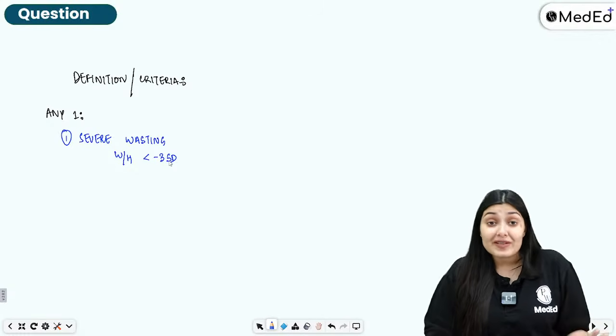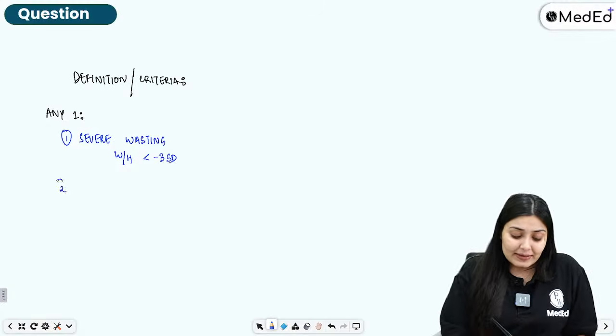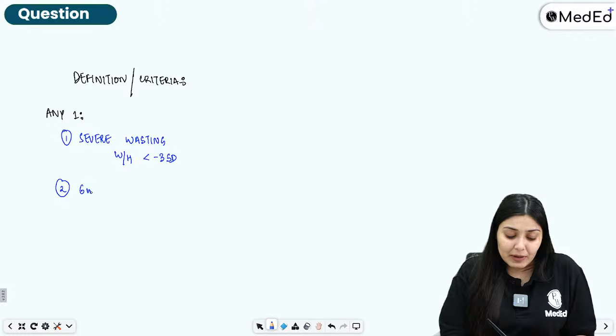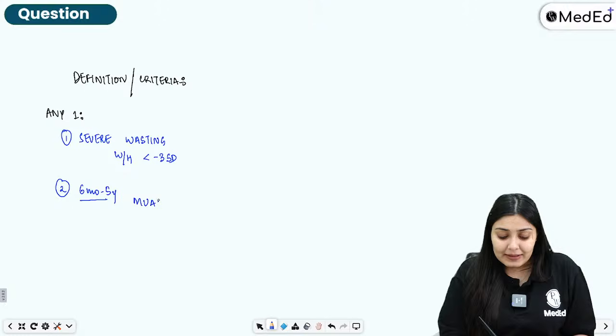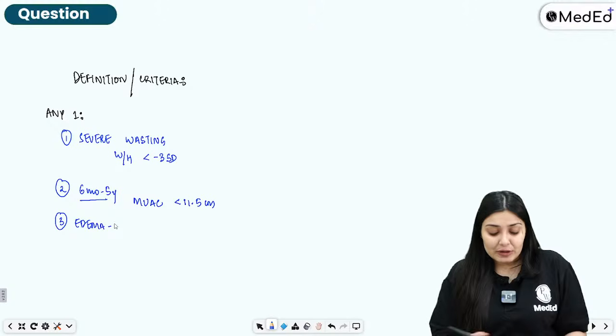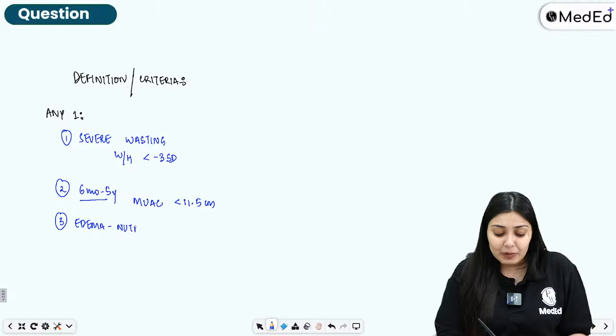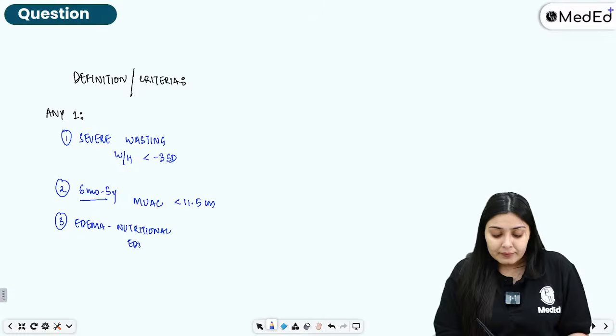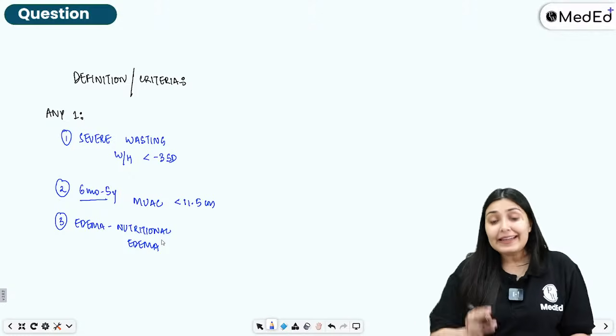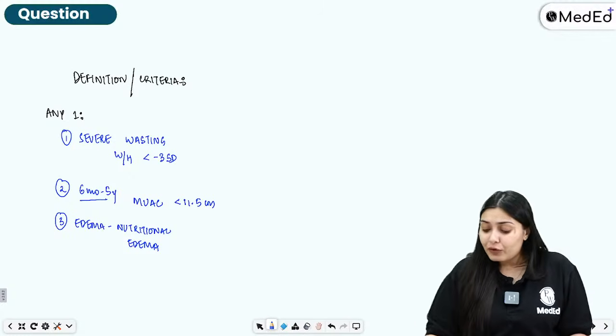Second, for a 6-month to 5-year-old child, the MUAC should be less than 11.5 centimeter. And the third is that there should be edema. This is nutritional edema; you rule out other causes of edema. I need any one out of these. Any one would fit the criteria.